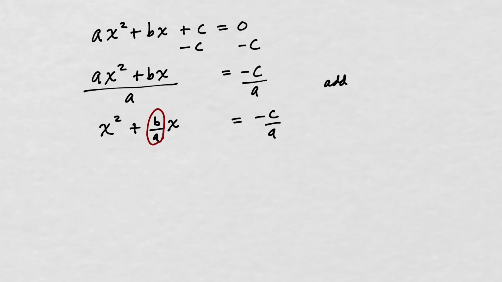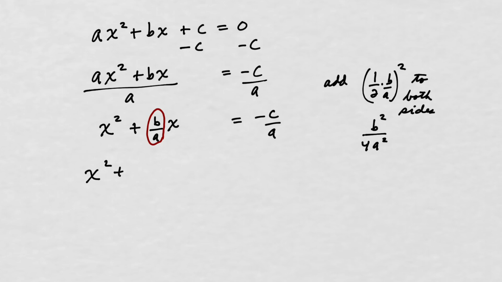So I want to add half of b over a, squared, to both sides. Okay, and what is that? Well, if I square that, it'll be b squared over 4a squared, to both sides. It's b over 2a squared, so b over 2a times itself is b squared over 4a squared.